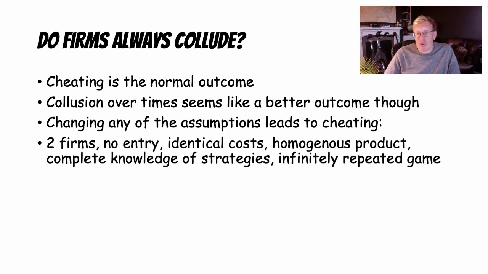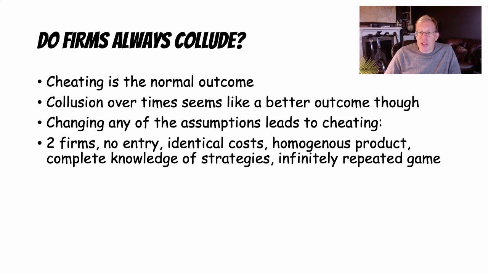We assume that there are two firms, that there's no entry, that both firms have identical costs, that they're selling the same product, that they have complete knowledge of strategies, and that the game is infinitely repeated. So even though it may seem like collusion is the best outcome, that it will lead to the best payoffs, there's always the short-term enticement of cheating on the collusion.